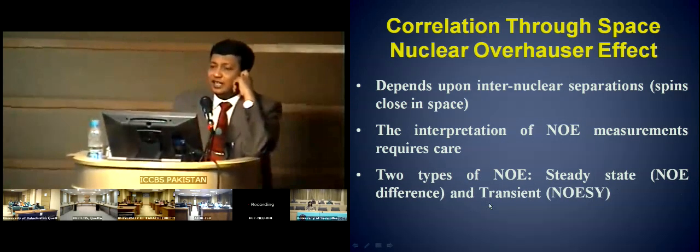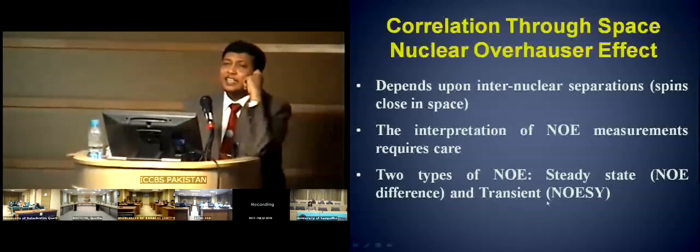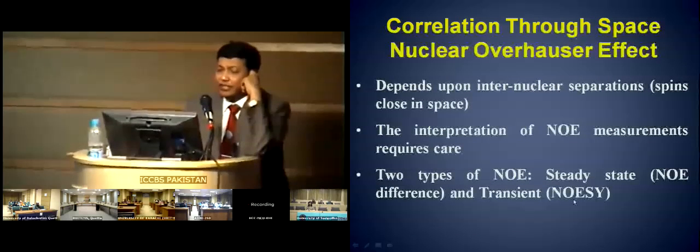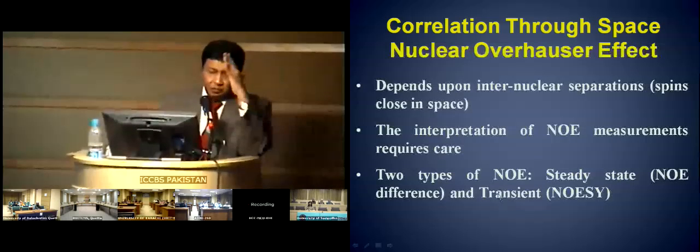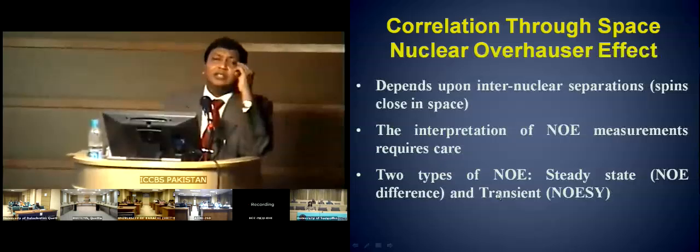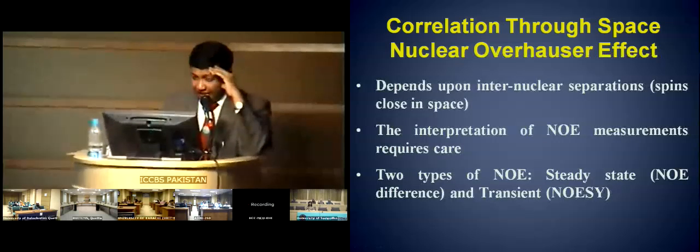And there is another NOE which is called transient kinetic nuclear Overhauser effect spectroscopy, which is a two-dimensional NOE. Now you don't need to worry about the equilibrium. The only thing which you need to understand is the philosophy under the whole thing.